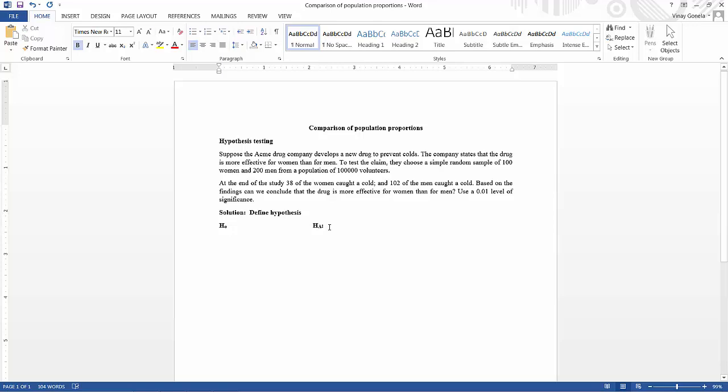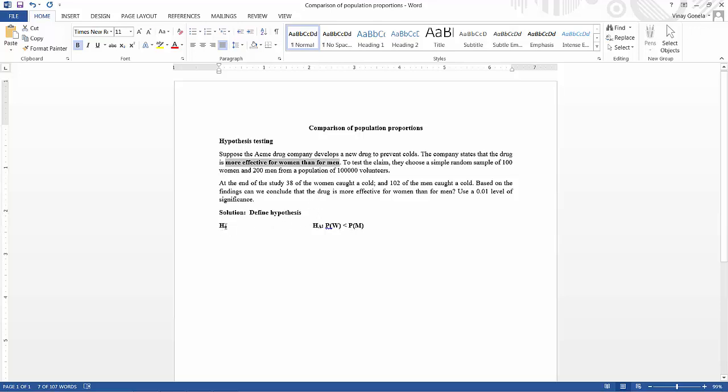So we define the proportion of women having cold should be less than the proportion of men having cold, because it says more effective for women than for men.